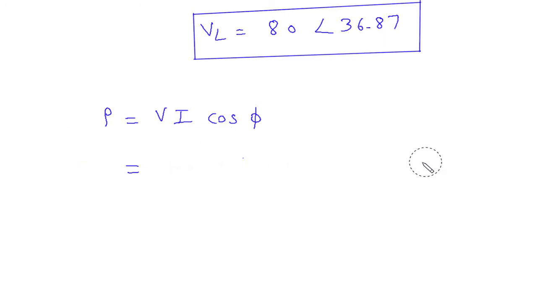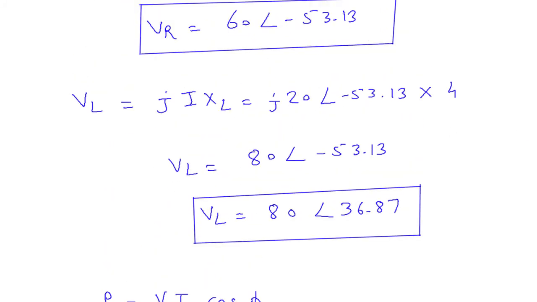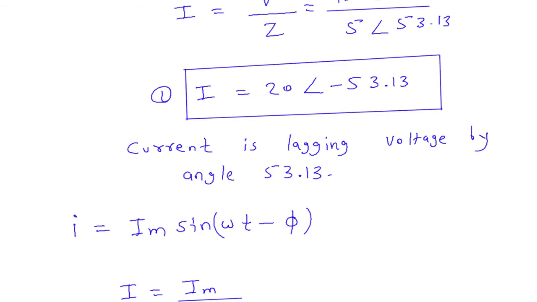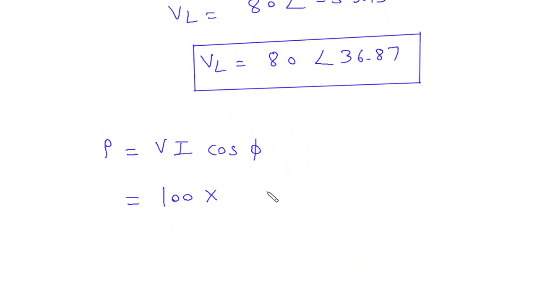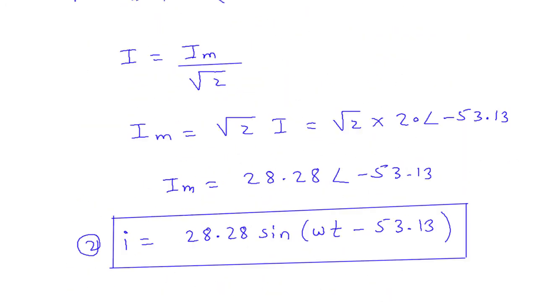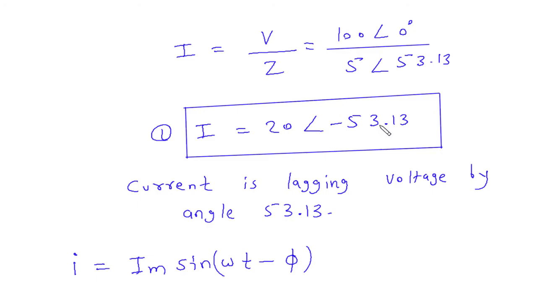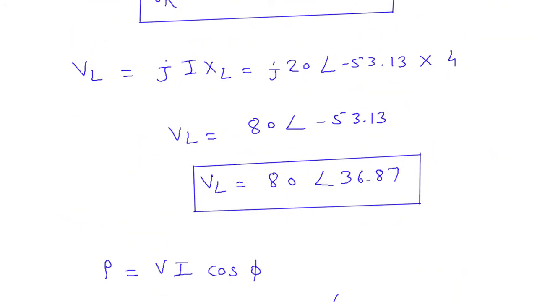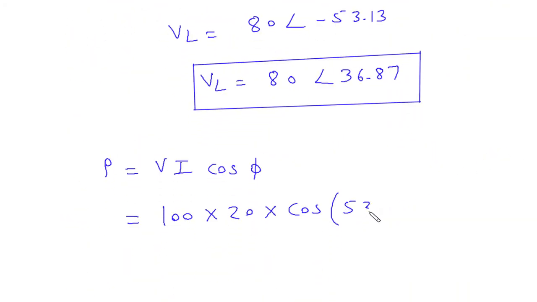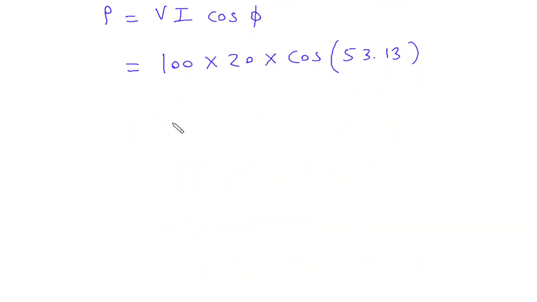So this will be 100 into 20 into cos phi, where 53.13 is the angle between voltage and current.